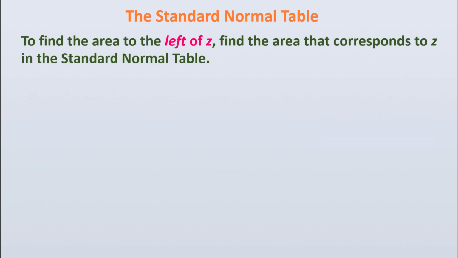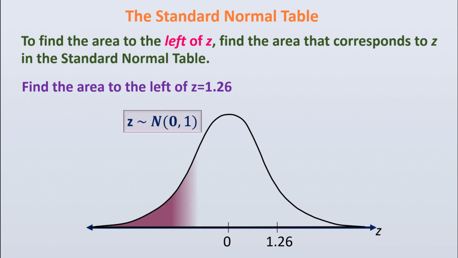First, to find the area to the left of z. The example: find the area to the left of z equal 1.26. That means we need to consider the standard normal distribution, because here we have a z-value, and mark the z-value on the horizontal axis and consider the area under the curve and left to the 1.26.